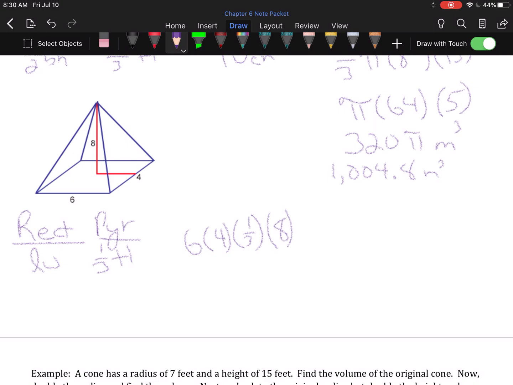The 1/3 and 6 play nice with each other. 1/3 of 6 is 2. So we can turn that into 2 times 4 times 8. 2 times 4 is 8. 8 times 8 is 64. There's no unit of measurement, so this is units cubed.